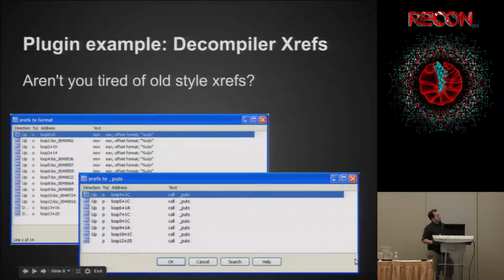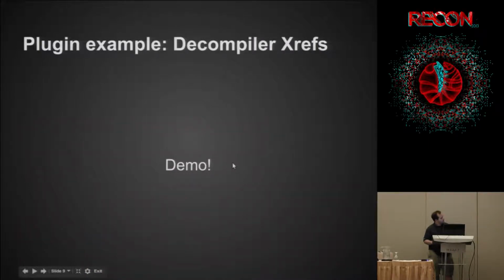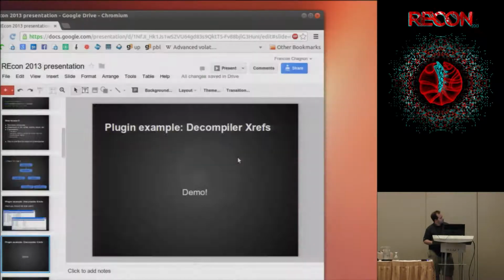So when you want to see the xref for a function call, for example, you get this type of window, and you don't see the parameters, you don't see anything. So I wrote, I'm going to have to exit this mode.